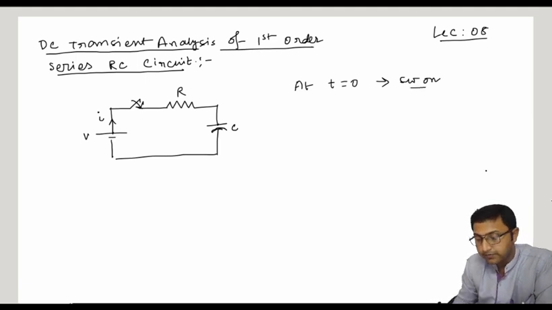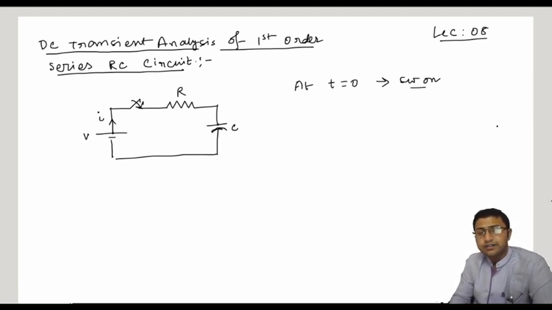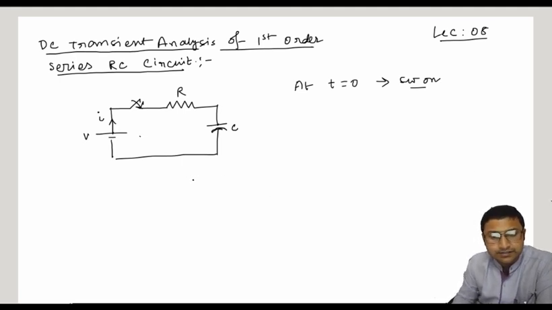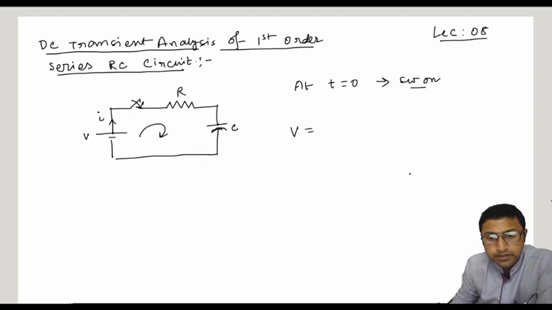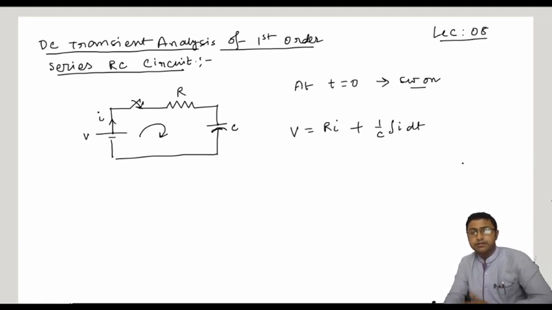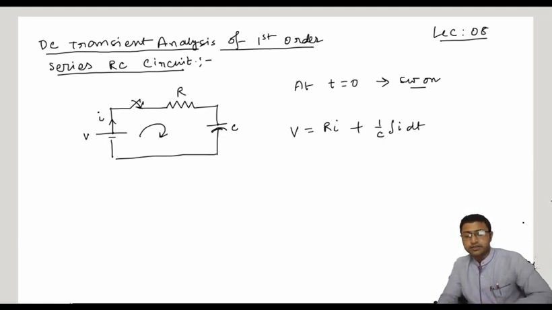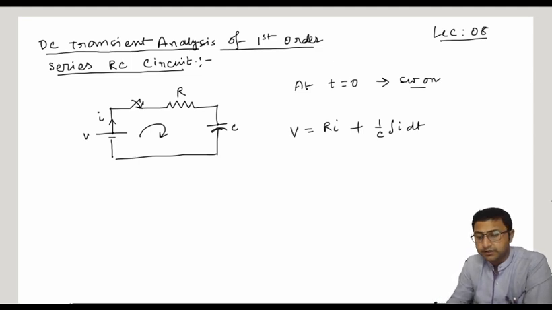Switch is on. That means what is the dynamic equation of the KVL equation in this closed mesh? That is V equal to R into I plus, across the C, it is 1 by C integration I dt, because the voltage across the capacitance is noted by 1 by C integration I dt.